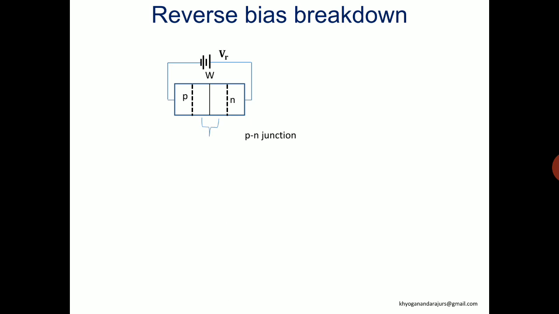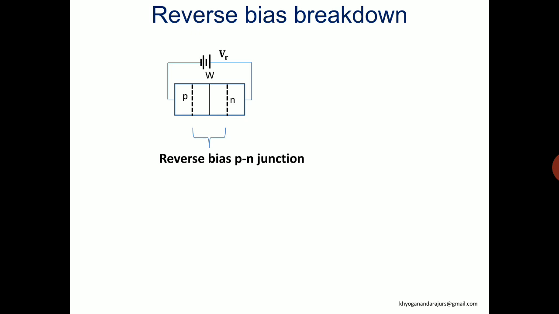This is because the majority charge carriers are moving away from the transition region, and so the transition region is getting wider. We also saw there is an electric field within the transition region, which plays an important role in the flow of the charge carriers and the current. We'll try to analyze these things.